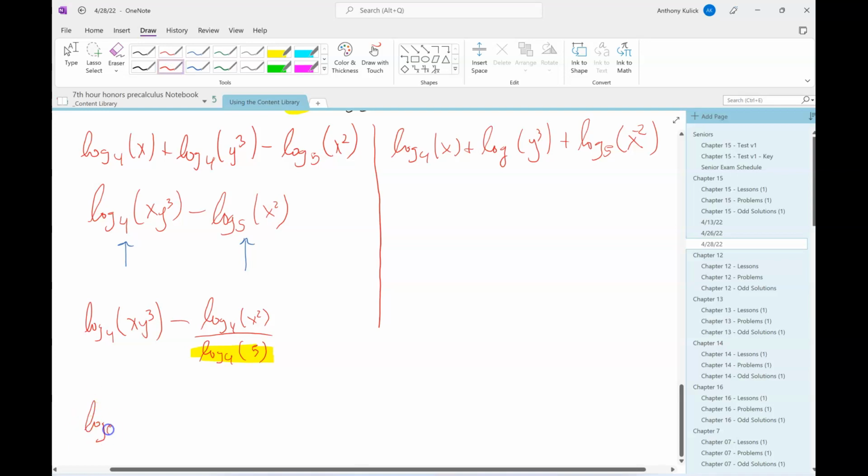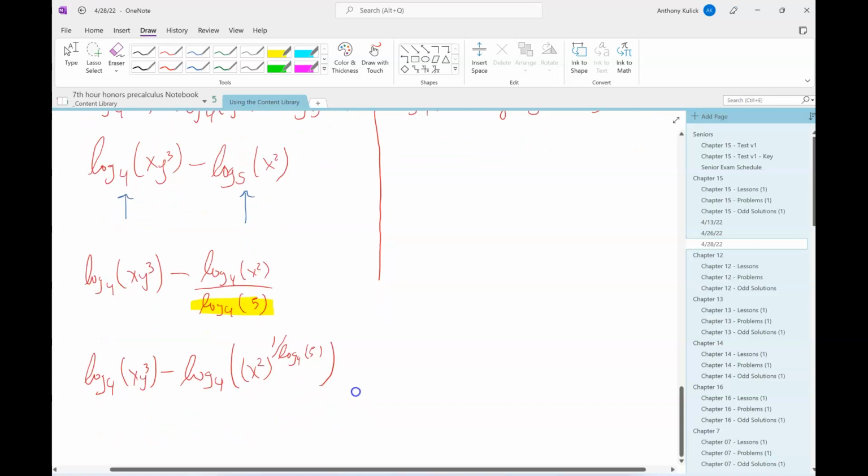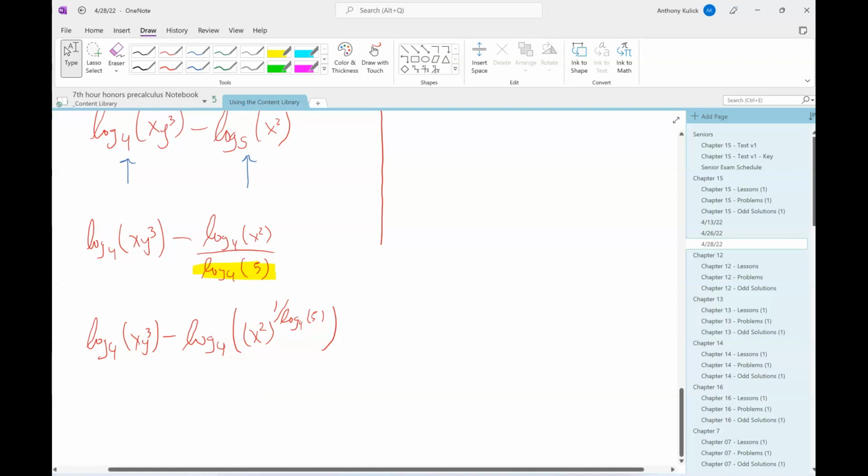So that would make it a power property. And then we can do the quotient property here.